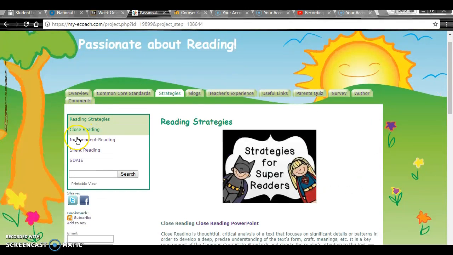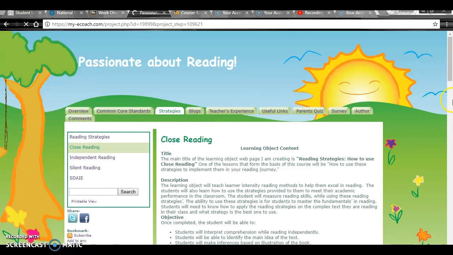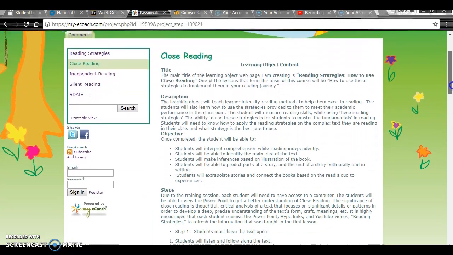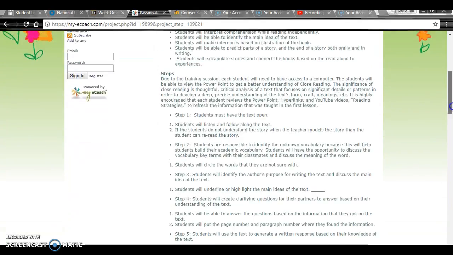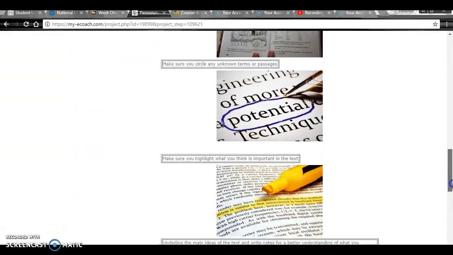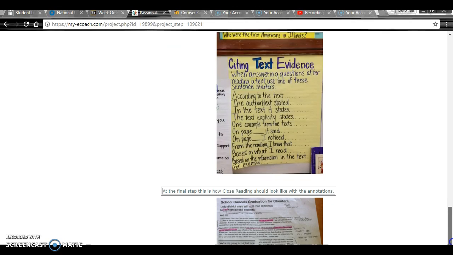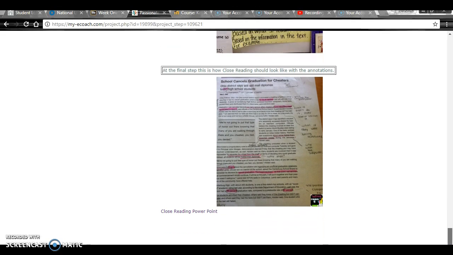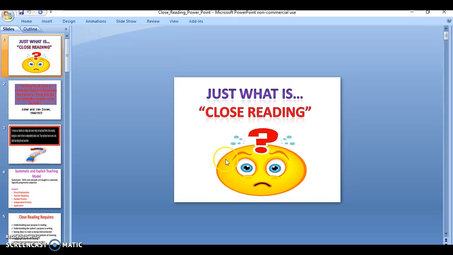And right here, there's more, to a bigger depth in close reading. We have how it's used, the steps to use close reading, and there's a PowerPoint also. The PowerPoint that we already went over.